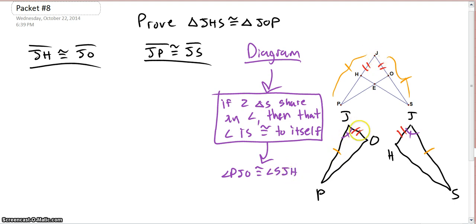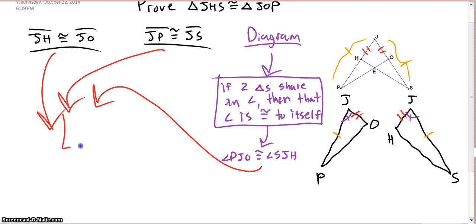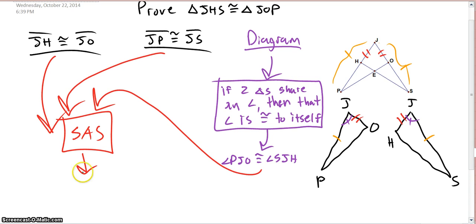So now I have an SAS situation, so I can take my two sides and my angle and put them into a box that says SAS, and out would come the specific conclusion that I want to reach, which is that triangle JHS is congruent to triangle JOP. And you can go ahead and check the correspondence to make sure everything works, and I'm done.